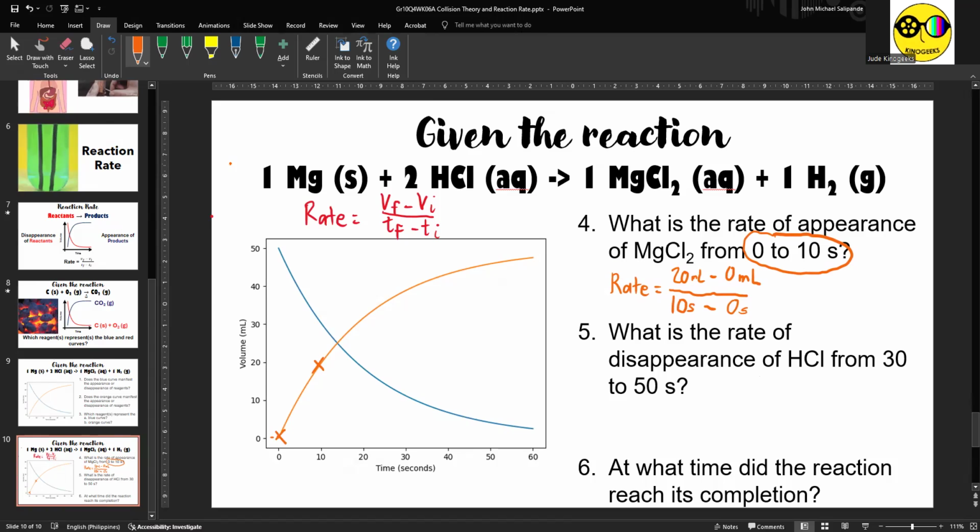So you have 20 ml minus 0 ml, that is 20 ml, divided by 10 seconds minus 0 seconds, this is 10 seconds, giving us a quotient of 2, positive 2 milliliters per second. So that is our rate of appearance of MgCl2 from 0 to 10 seconds. It's positive because we expect that the products are emerging.